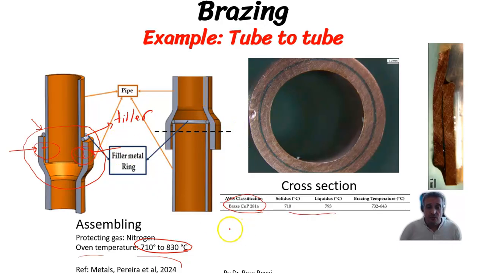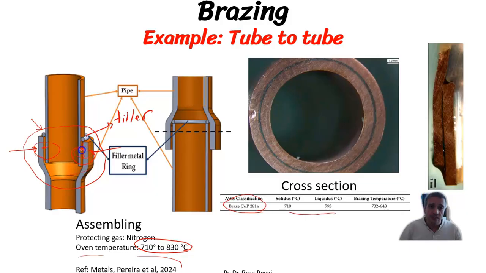And the time that we should keep the joint at this temperature is very important. This time should not be higher than a critical holding time, because it alters the properties of the filler material.